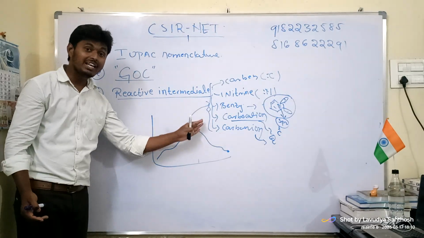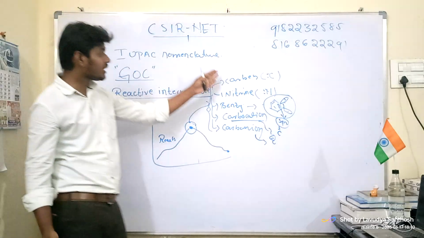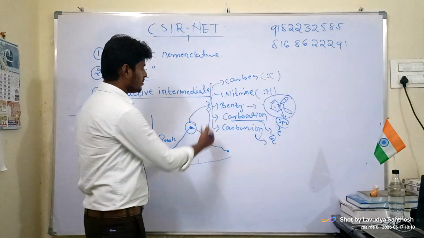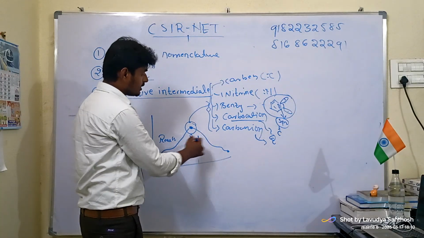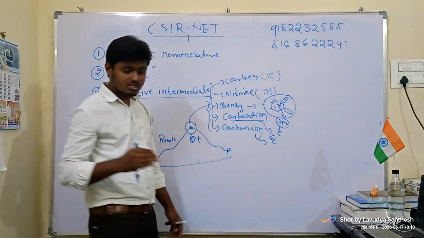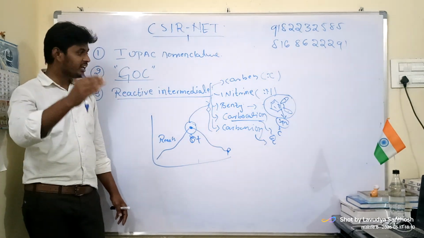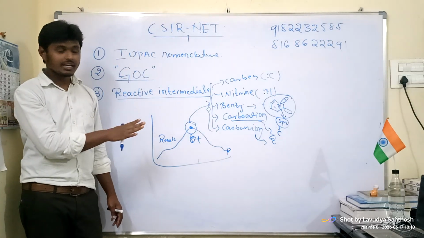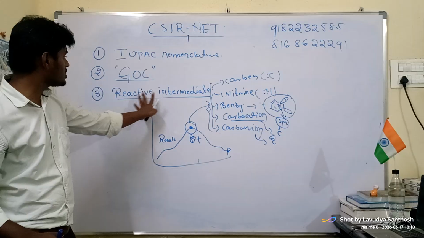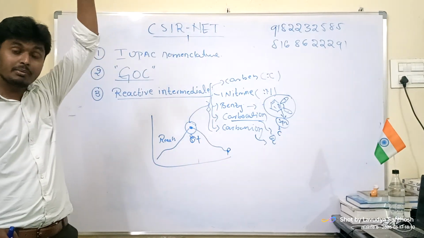This is highly unstable, and they are unstable most of the time, like an excited state. So in the process of a reaction, a stage where an unstable molecule is there is what we call a reactive intermediate. This is very important. If you know reactive intermediates and their mechanisms, you will be able to write reagents and their mechanisms.